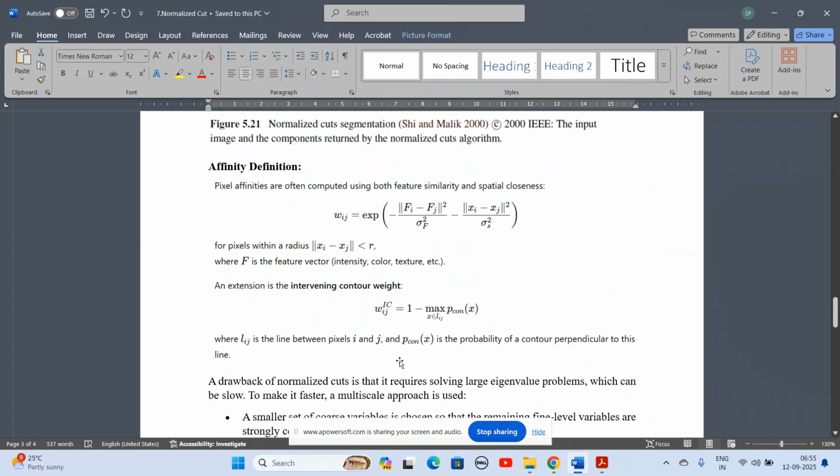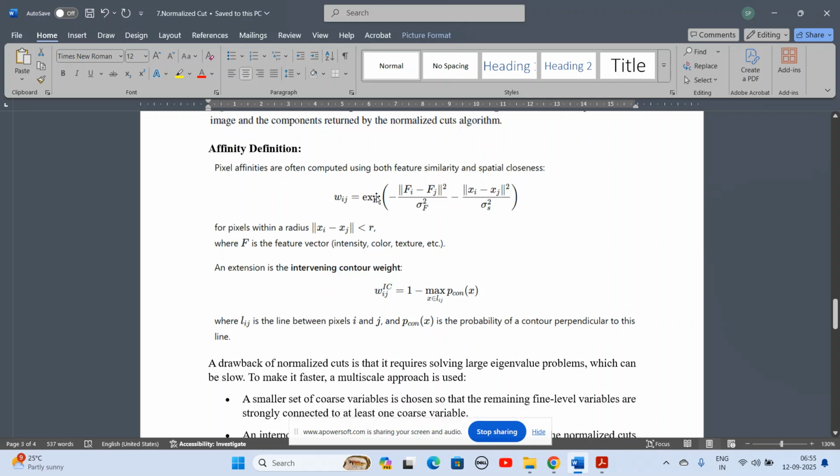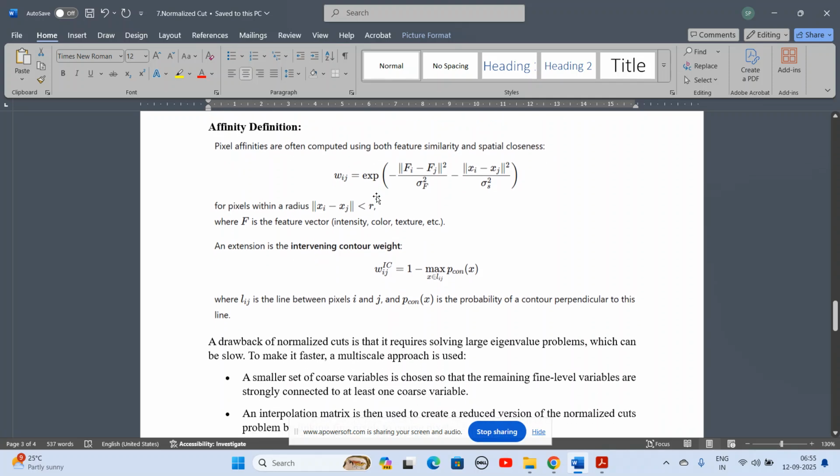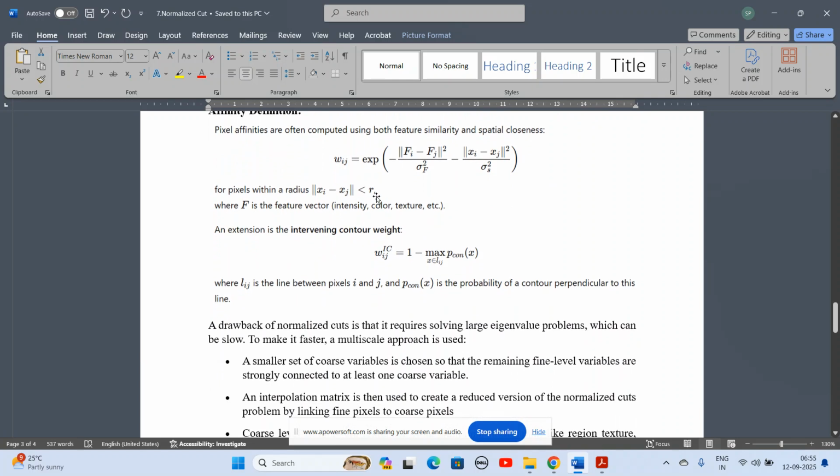Then the affinity definition. The pixel affinities are often computed using both feature similarity as well as spatial closeness. So we have a formula: W_ij is defined as an exponentiation of so and so. Here f_i and f_j represent the feature vectors, and x_i and x_j represent the spatial coordinates of pixels.